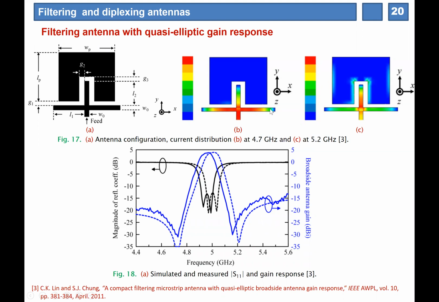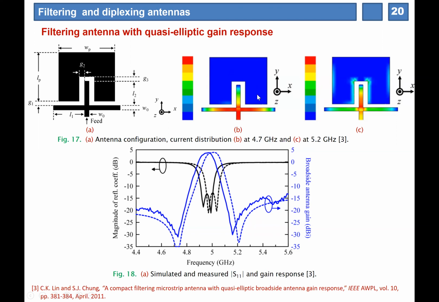This line is resonating at one frequency and this line is resonating at one frequency. So if this one is resonating at some frequency, that energy will not be coupled to the resonator, that is, to that antenna. You can see at 4.7 gigahertz and 5.2 gigahertz, the electric field on the antenna patch is minimum.